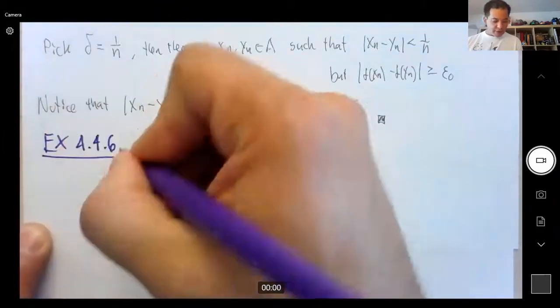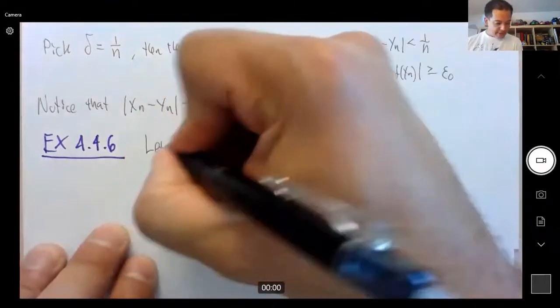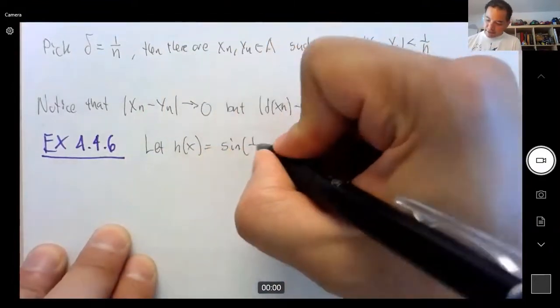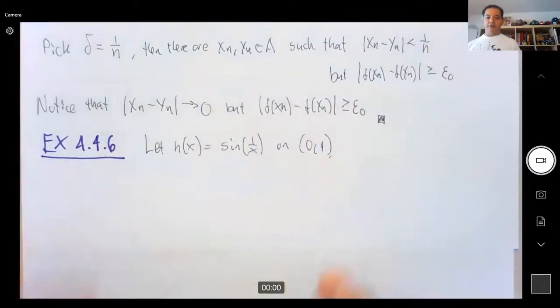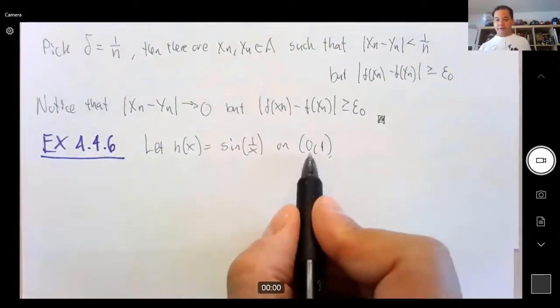We're going to consider this function. Let h of x be sine of 1 over x on the interval (0, 1). So we know this function is continuous, right? The problem is at 0, but we excluded 0.